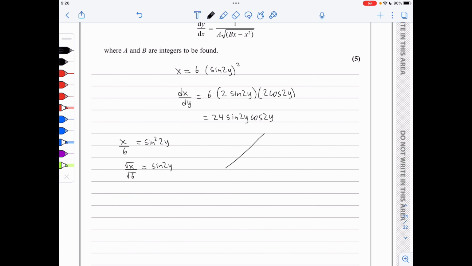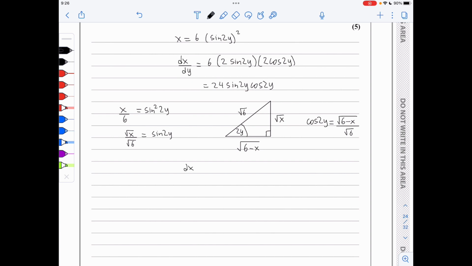I will draw a triangle here. If the angle at the bottom is 2y and it's a right angle triangle, then sine of 2y is opposite over hypotenuse. So I could use Pythagoras theorem. This is root of (6 minus x), which means that the cosine of 2y is simply the adjacent, root of (6 minus x), over the hypotenuse, which is root 6.